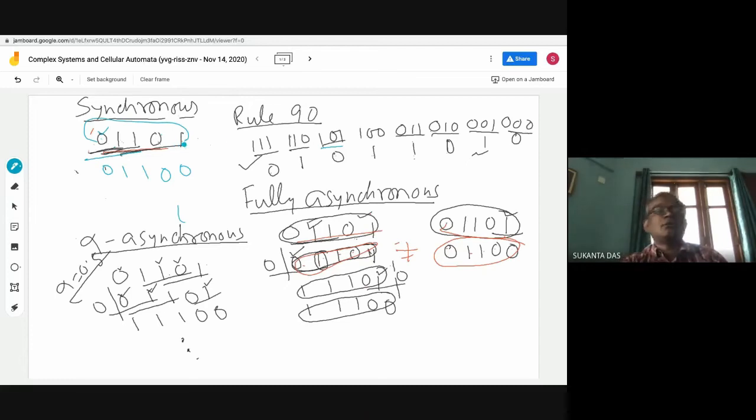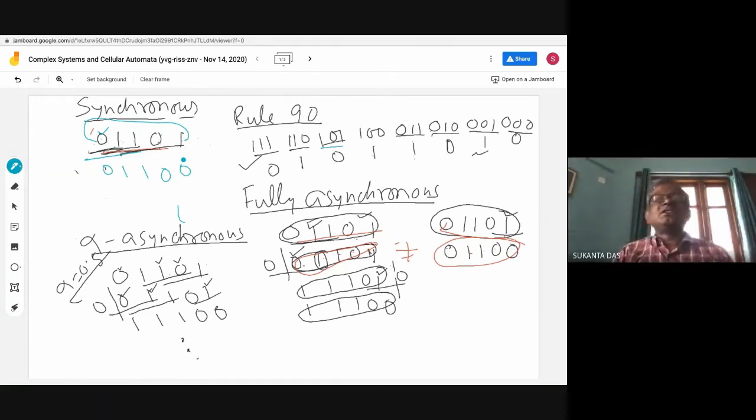It forms a circular array. So only the boundary cells' states matter. The rest of the cells remain the same. However, if a few cells are changed, the whole configuration gets changed.